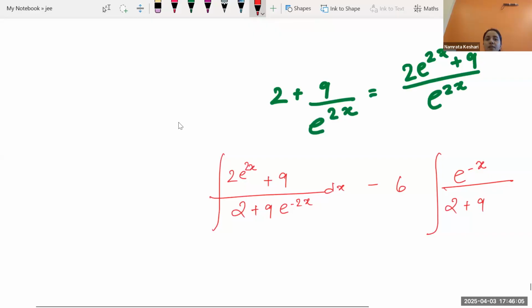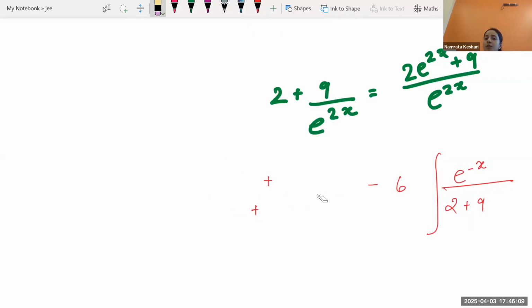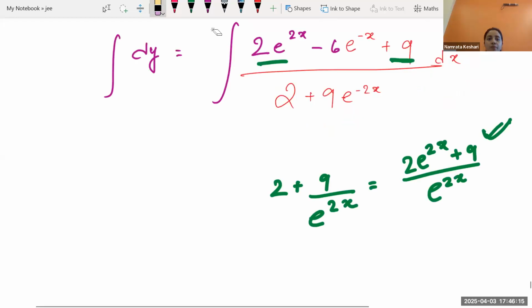If it will create confusion or we will not be able to do the integration, then we will write it as it is. Let me write it for now. So I'm going to write the denominator as this one.